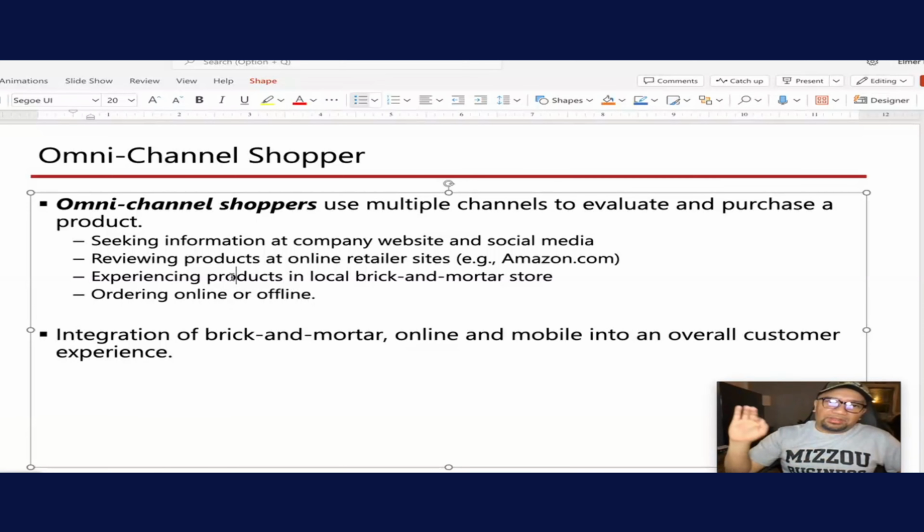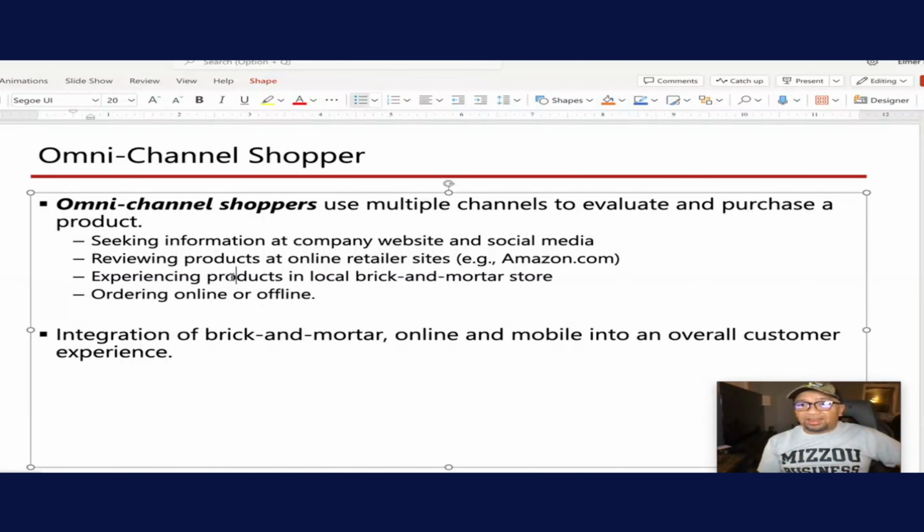And then the convenience of being able to order online or even offline, like in Mattress Firm's case, you could order in the store and then it gets shipped to you. You don't have to try to come home with it, drag it back to your house. And then the organization, in this case Mattress Firm, selling it that way, they don't have all the additional costs that go with having items on hand.